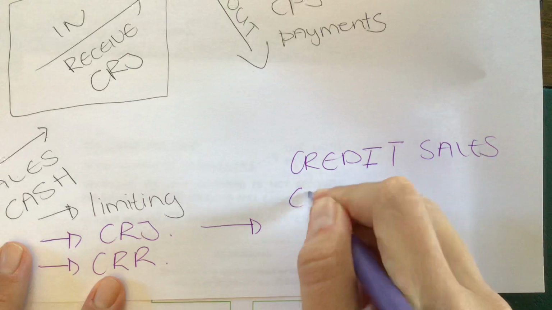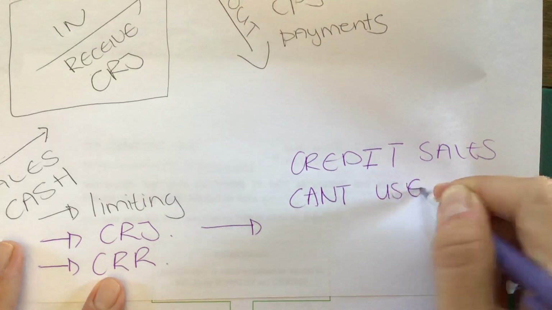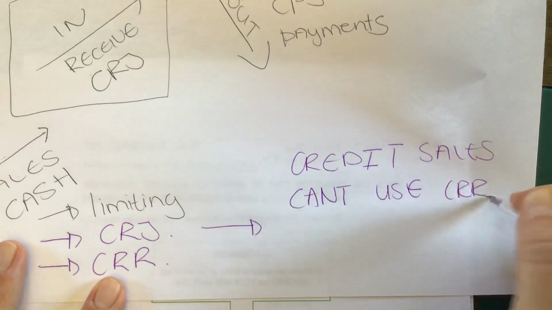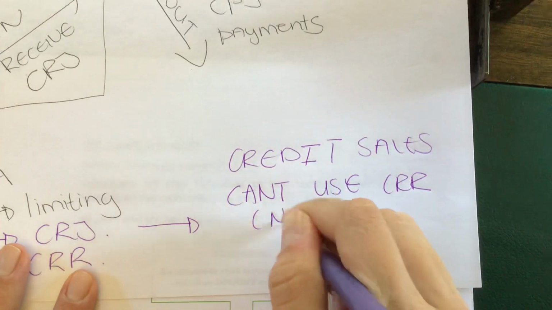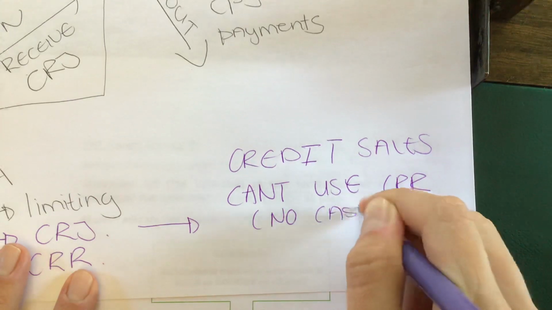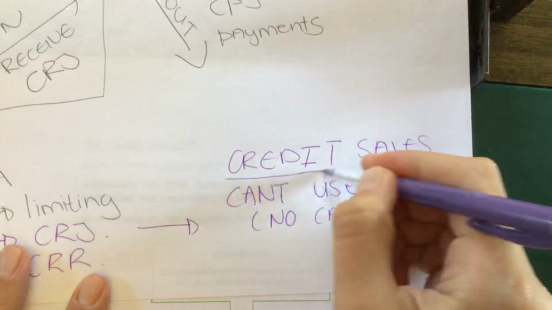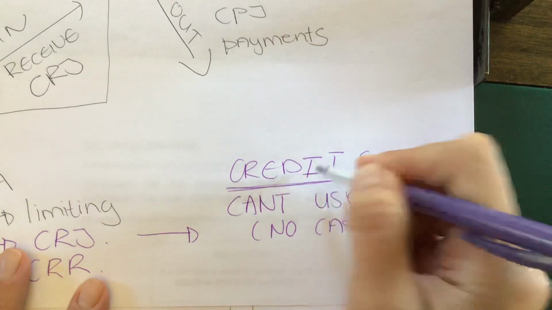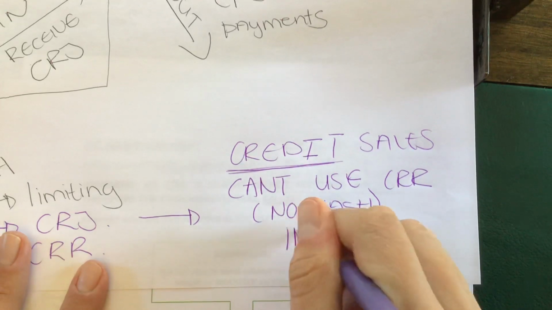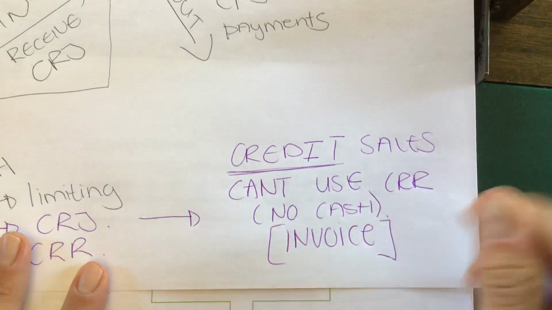So we cannot use the CRR because we're not getting any cash. Okay, there's no cash. So I'm sure most of you will remember that whenever we see something is bought on credit, the source document we use is always the invoice.